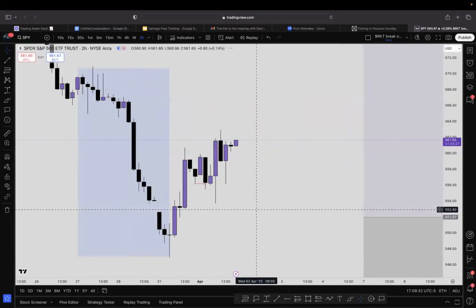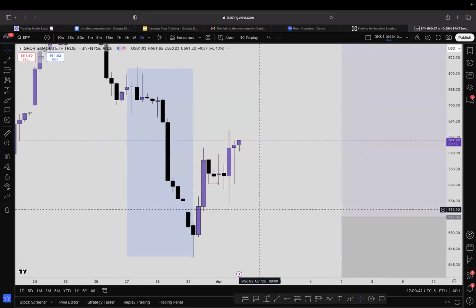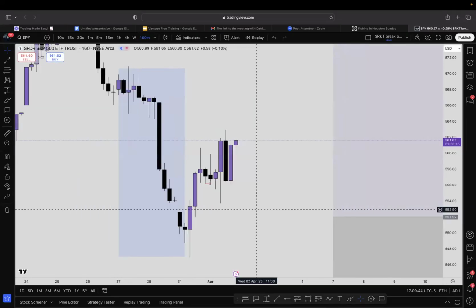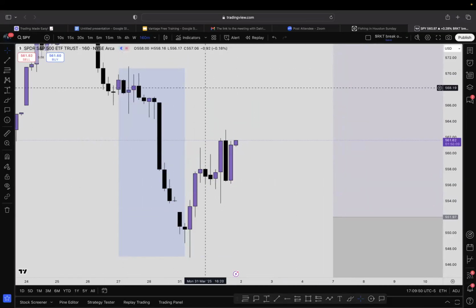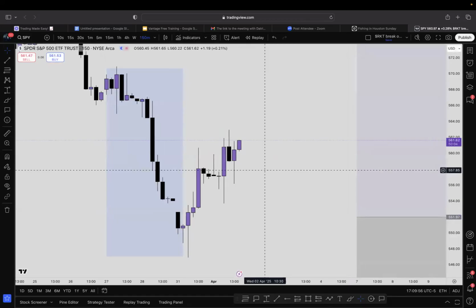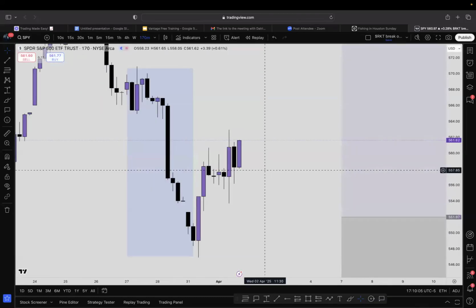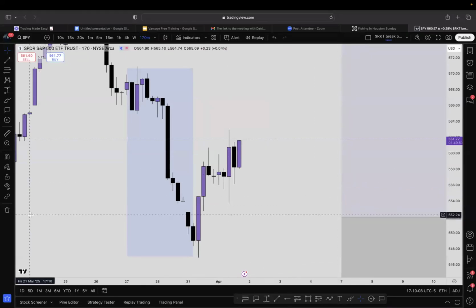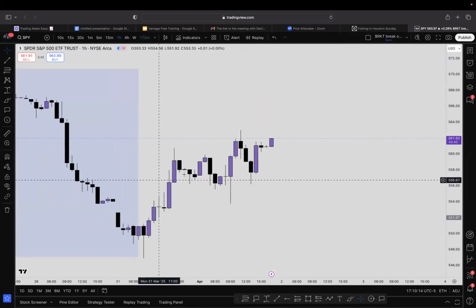Let's try a two... just playing through these time frames to find a time frame where we have a clear first low manipulation, but I can't necessarily find it here. But with everything that we're going to go over today, this right here will make sense.